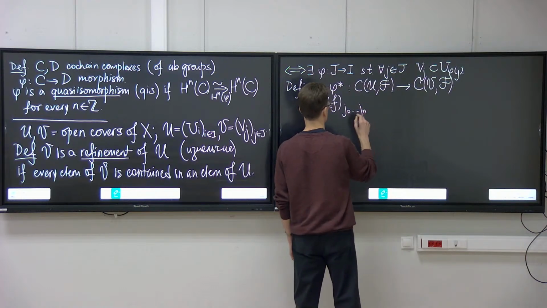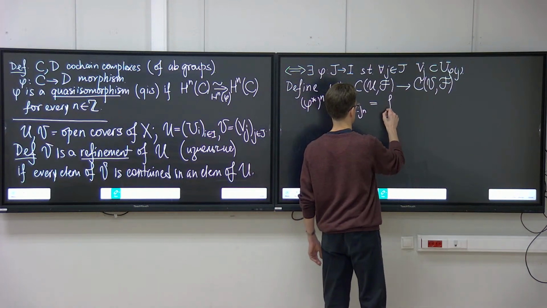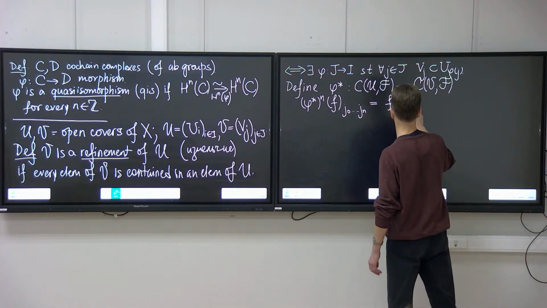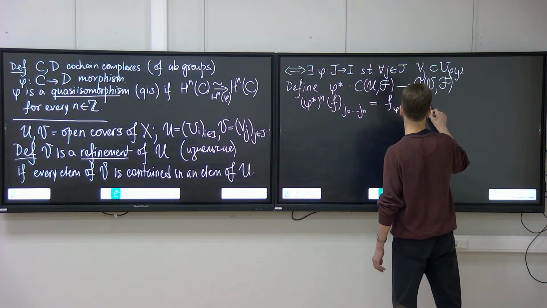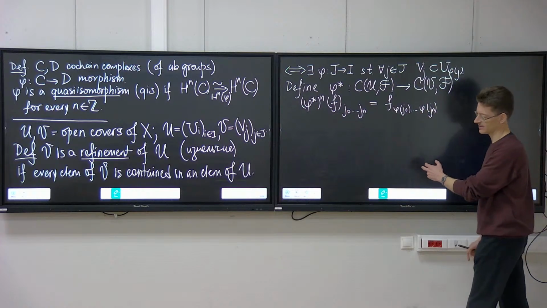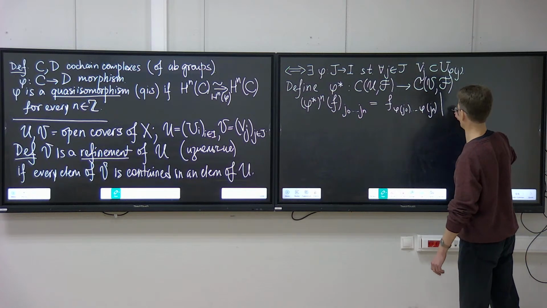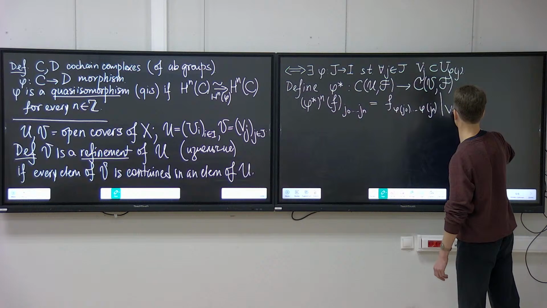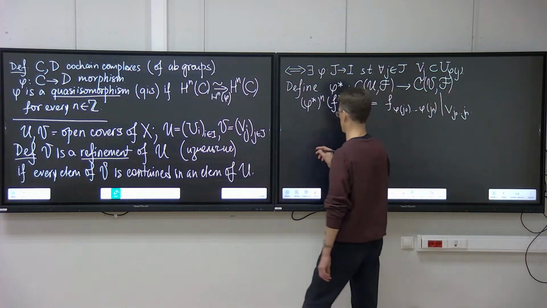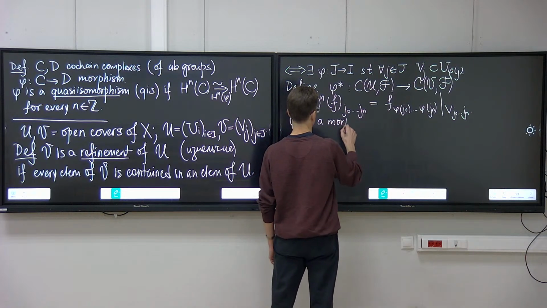The respective component of phi star of f is just this: we take the component of f corresponding to the indices phi(j_0) up to phi(j_n). By assumption, the set corresponding to these indices is bigger than the set corresponding to the indices j_0 up to j_n. So we simply restrict this section to V_{j_0...j_n}. And it's easy to see that phi star is a morphism of cochain complexes.